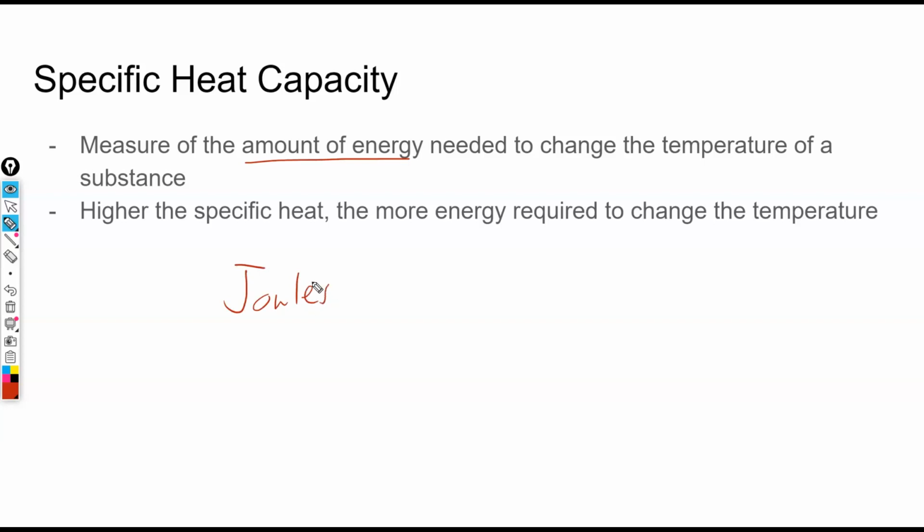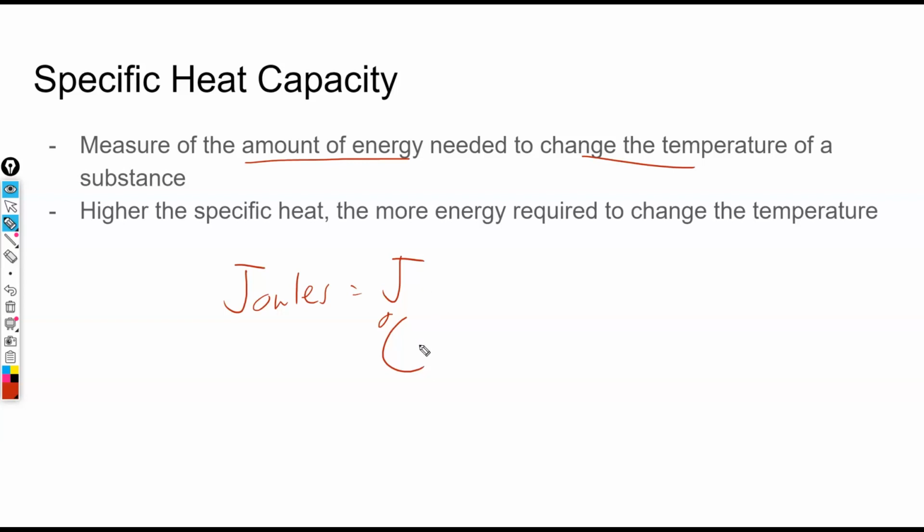You might have learned this in physical science or 8th grade science. This is called joules, and we'll abbreviate that as J. And temperature we'll obviously use as degrees Celsius.